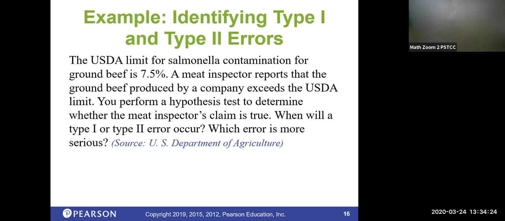So we have this limit here. It says the limit for salmonella in beef is 7.5%. So if it's less than that limit, then it's acceptable. But if it goes over that limit, it is not acceptable.